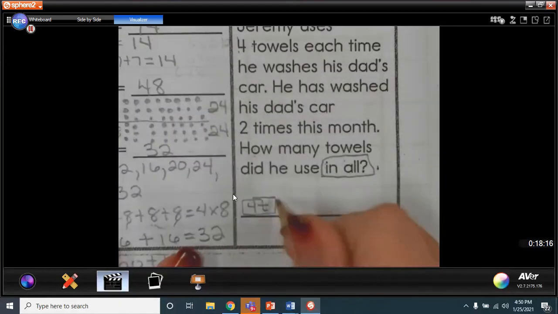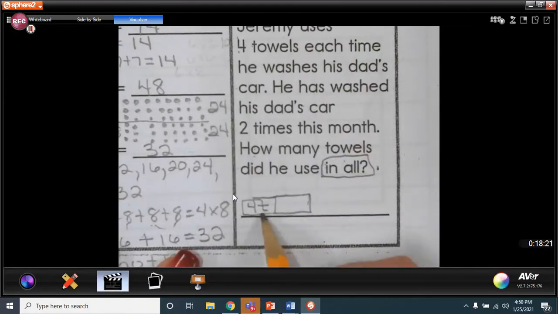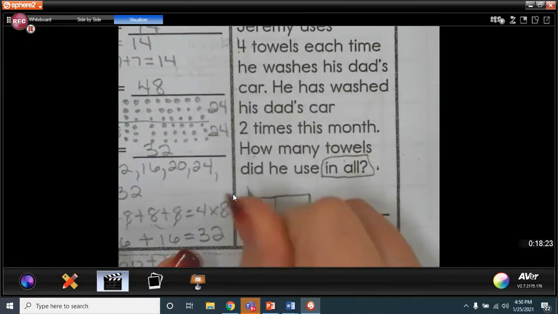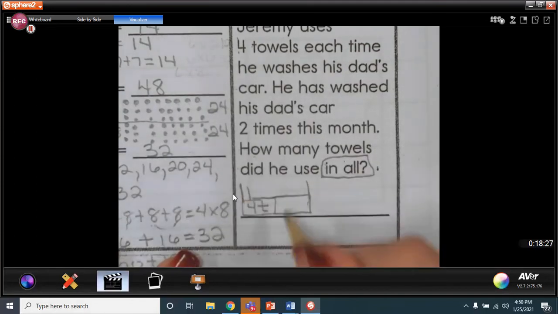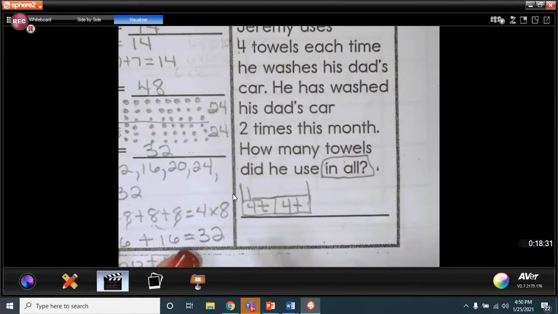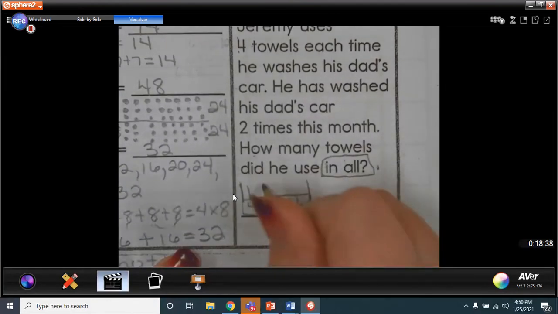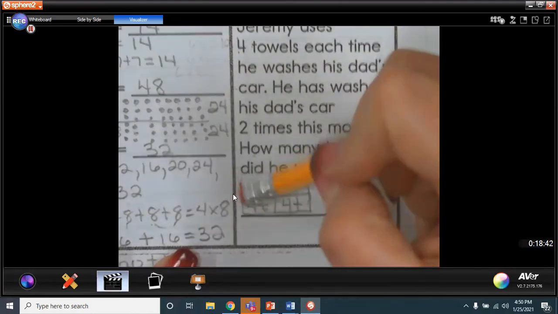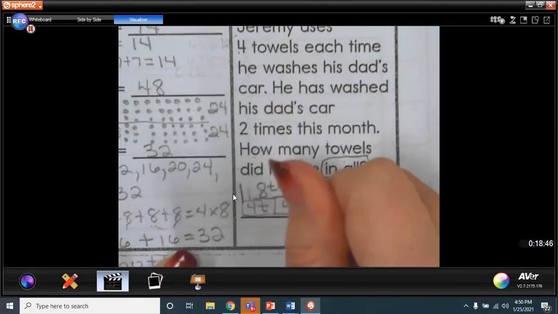So we are looking at a bar diagram with 4 towels. He washed it 1 time, and he washed the car a 2nd time, and he used another 4 towels. And since he used 4 the first time he washed the car and another 4 towels the 2nd time he washed the car, now he's used 8 towels, and I don't want to confuse you here, 8 towels in all.